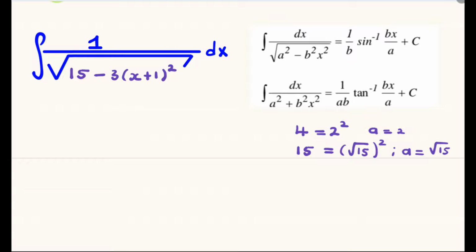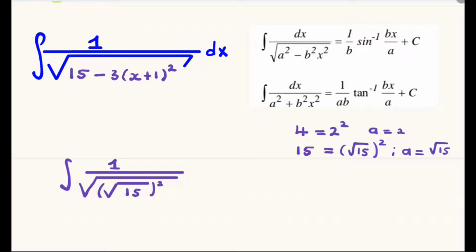So we rearrange our integral and write it as the integral of 1 divided by the square root of, so the 15 we write it as the square root of 15 raised to the power 2, minus the 3.